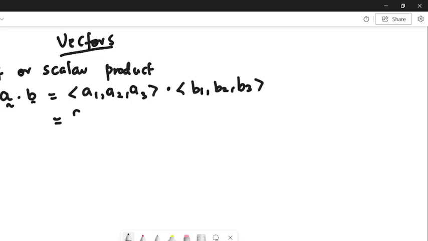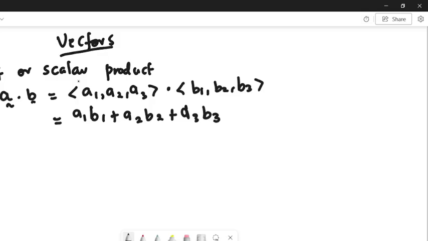The same way you are adding, you go step by step: A1 B1, plus A2 B2, plus A3 B3. So that's basically the dot product.